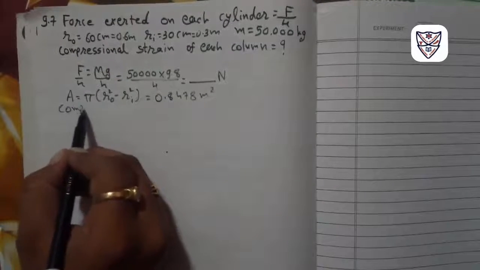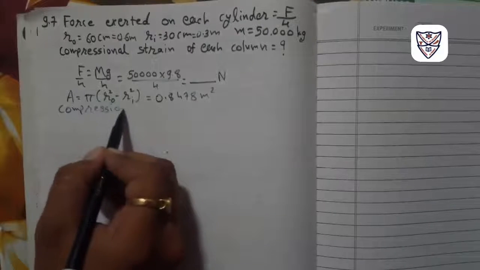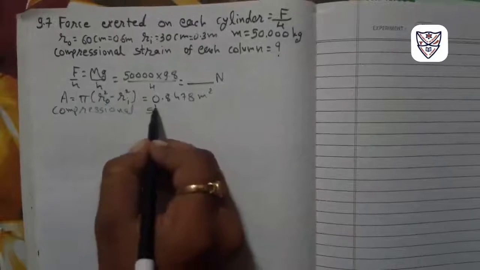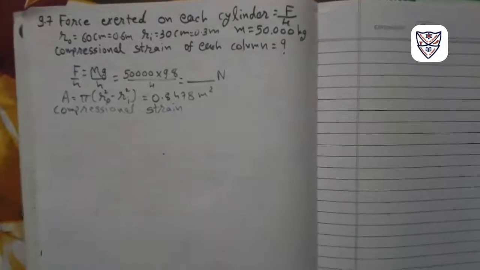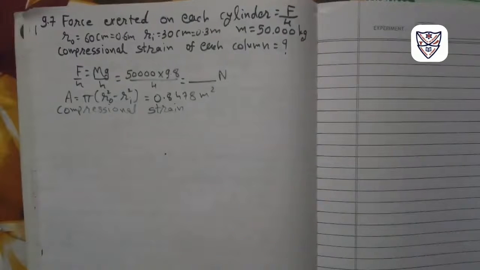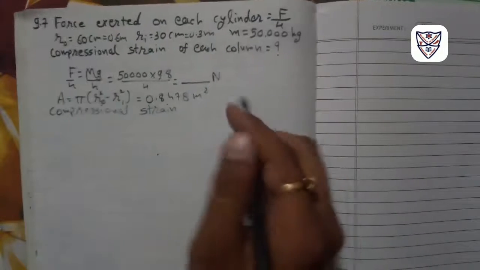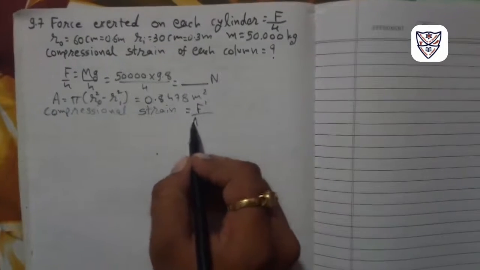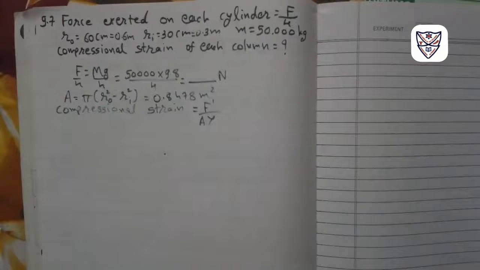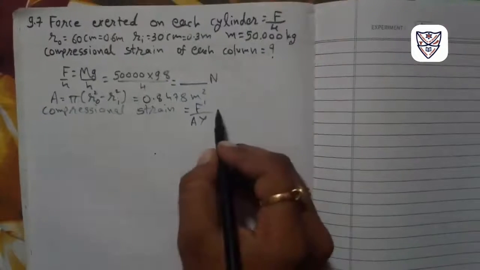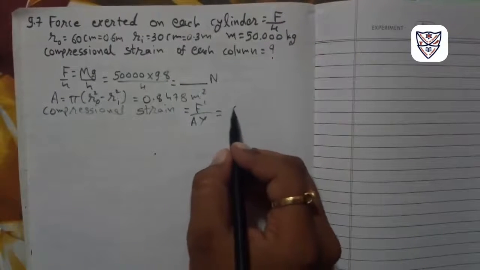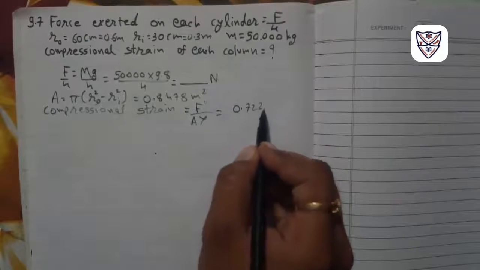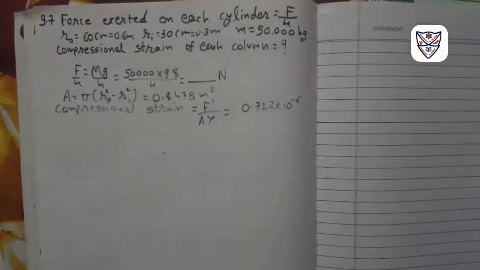Now compressional strain formula. What is the compressional strain formula? Compressional strain is nothing but one type of longitudinal strain, so that formula depends on Young modulus, F dash upon A into Y. By putting all the values we get 0.722 into 10 raised to minus 6.